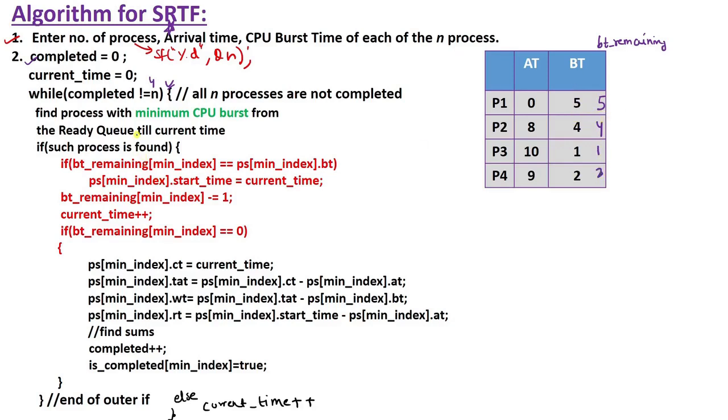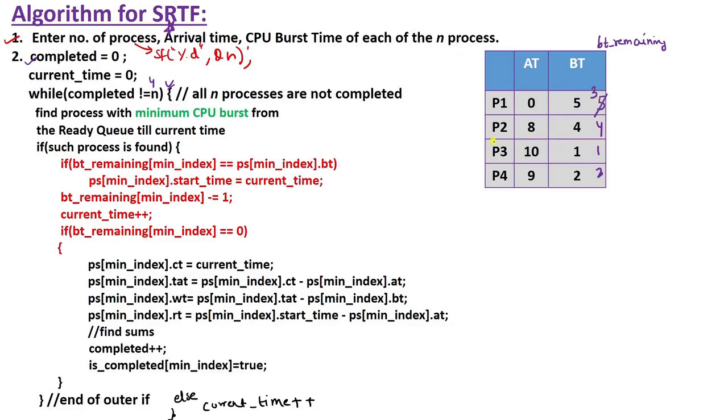Its work will be like this: for example, P1 has completed, let's say, 2 units of time, and after that it has to leave the CPU. Then how much burst time does it have to complete in the future? Out of 5, if 2 is subtracted, then 3 will be left over. So this 5 will be changed to 3.